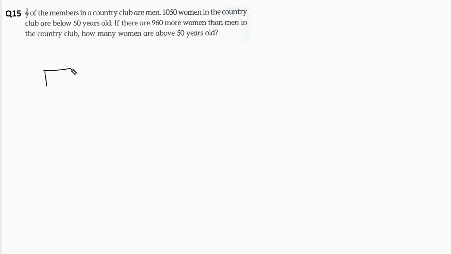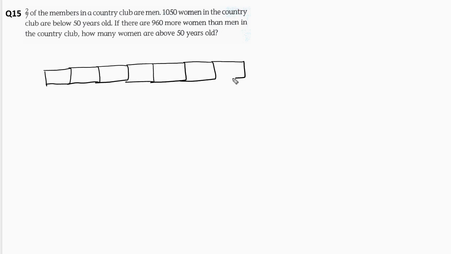So there's 1, 2, 3, 4, 5, 6, and 7. And 2/7 are men. So, and you can see then, what have you got left? 1, 2, 3, 4, 5. That means that 5/7, 5 parts here are women.